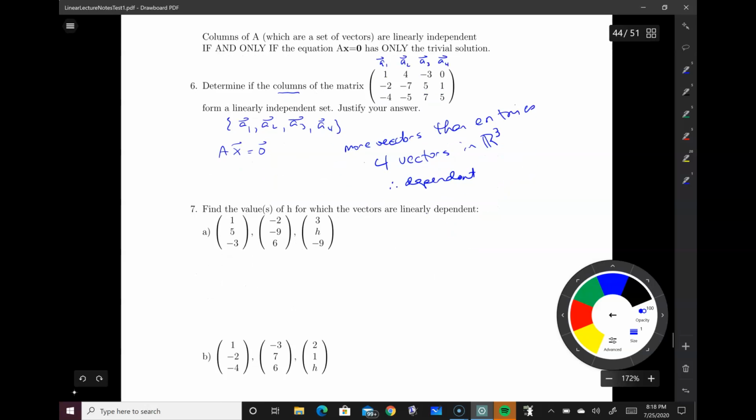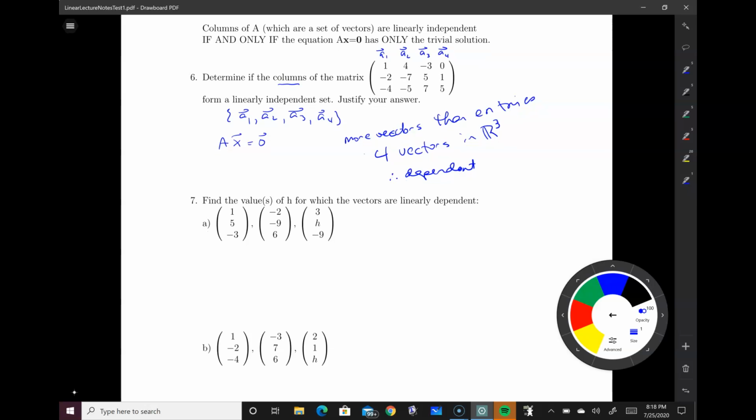All right, so let's get into some more challenging ones. So I want to find h that make them dependent. So I know I'm going to set up the homogeneous equation with the augmented matrix, and I'm going to have to do row operations.